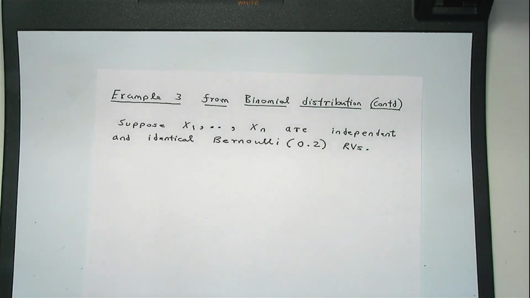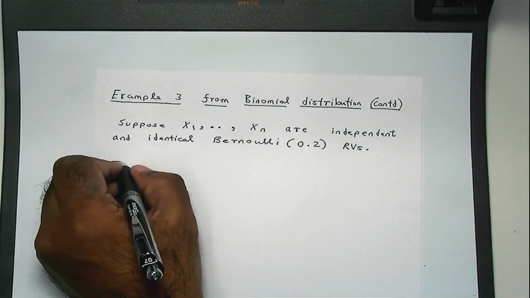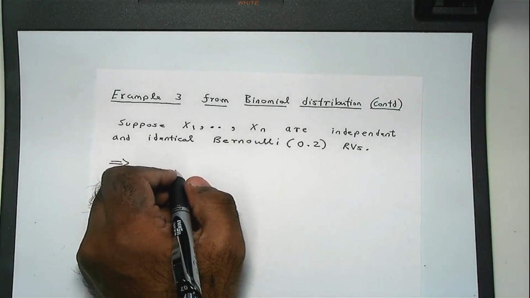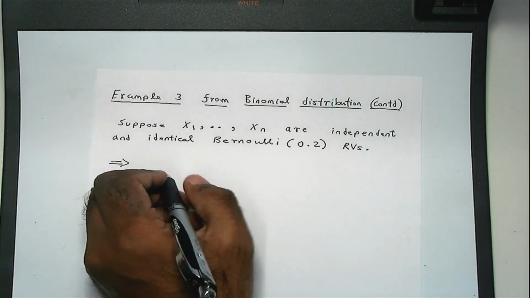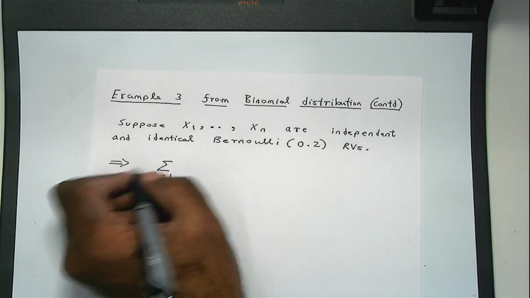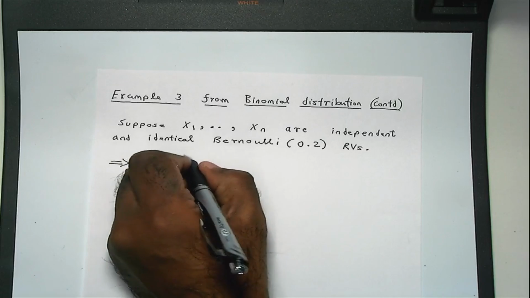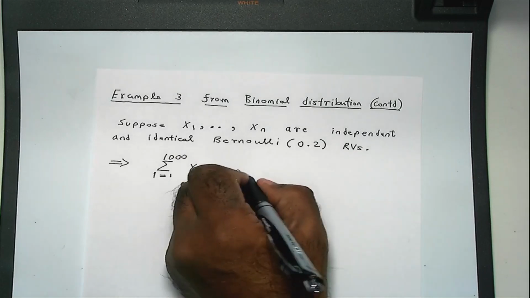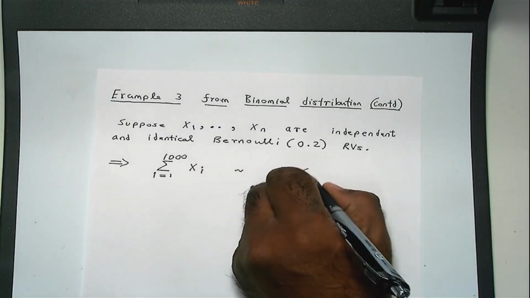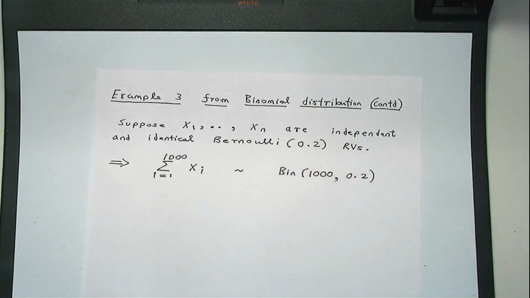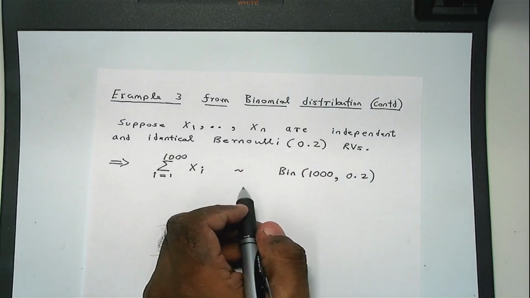A property of the sum of Bernoulli random variables is the following: if you sum IID, or independent and identical, Bernoulli random variables, then what you get is the binomial distribution with parameters 1000 and p equal to 0.2. This is a basic property. You should have learned this in probability 1.